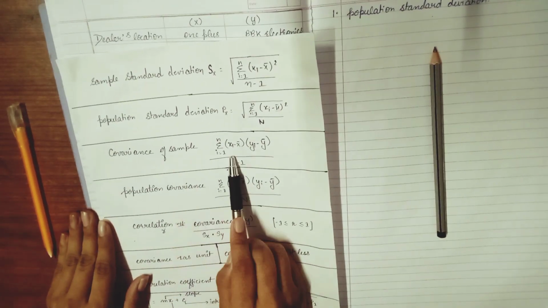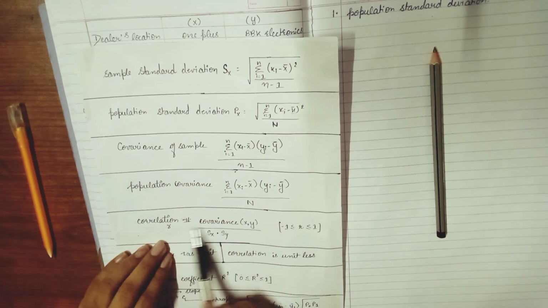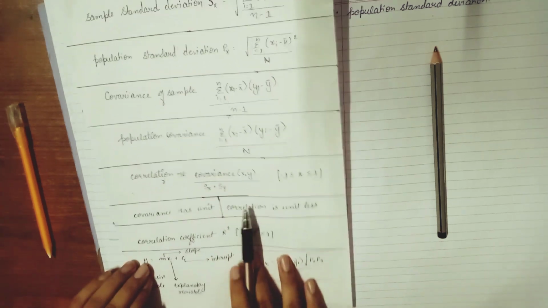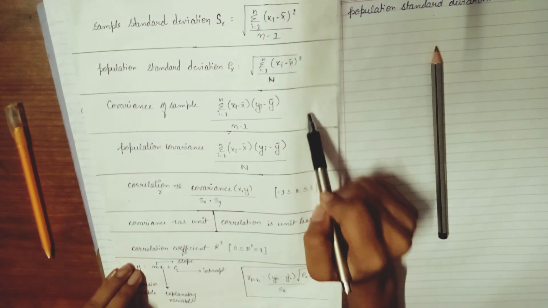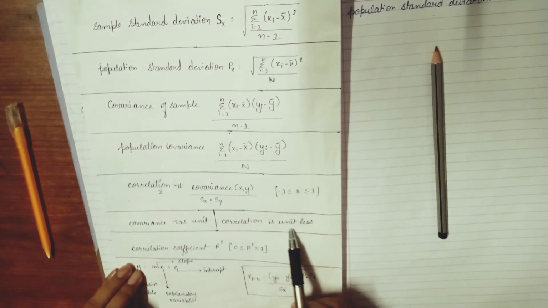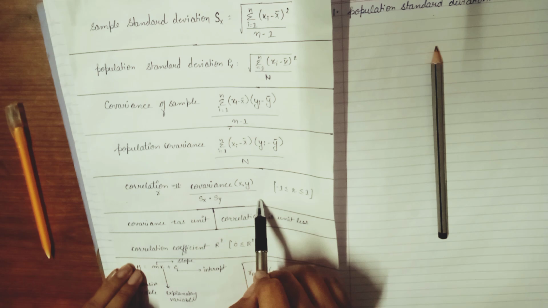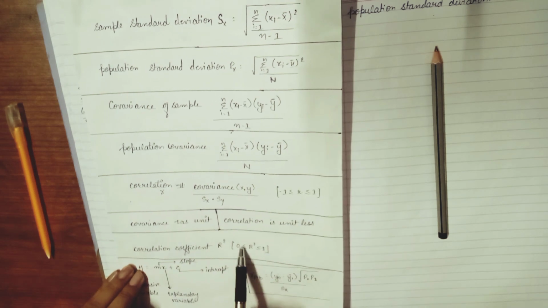We have the formulas for sample covariance, then population covariance. We have the formula for correlation, then its covariance, etc. You can see that covariance has a unit, but correlation is a unitless quantity.